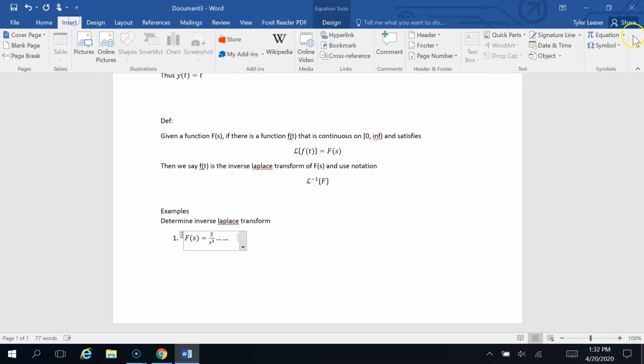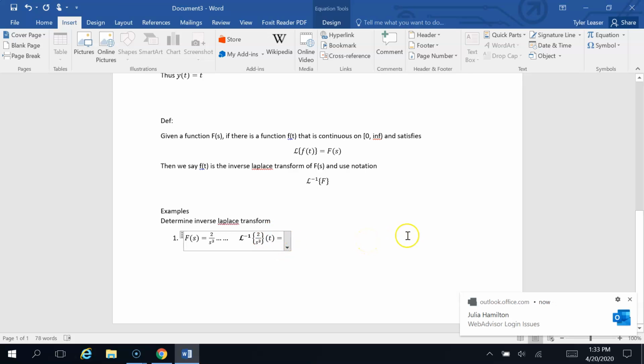So we want to take the inverse Laplace transformation of 2 over s cubed. And we write it like that. This is going to be a function of t after you do the inverse. Okay, so just to rewrite this, let's try to rewrite that in that form that we saw in the table. So this is going to be the inverse Laplace of, we're going to write 2 up top as 2 factorial.